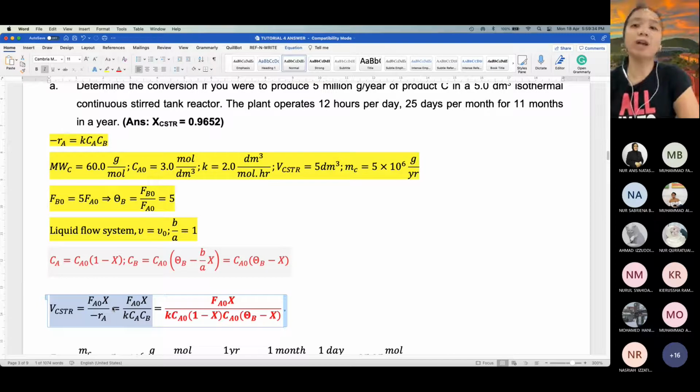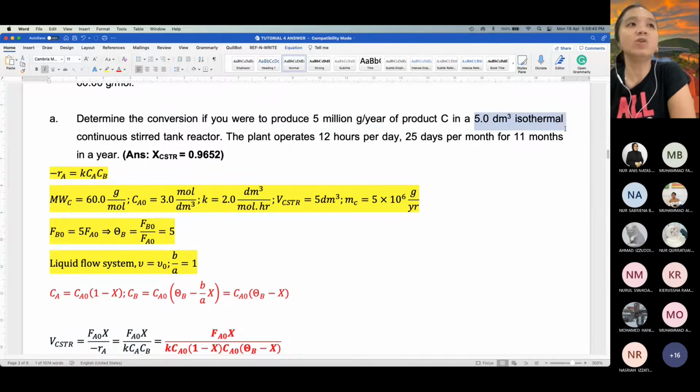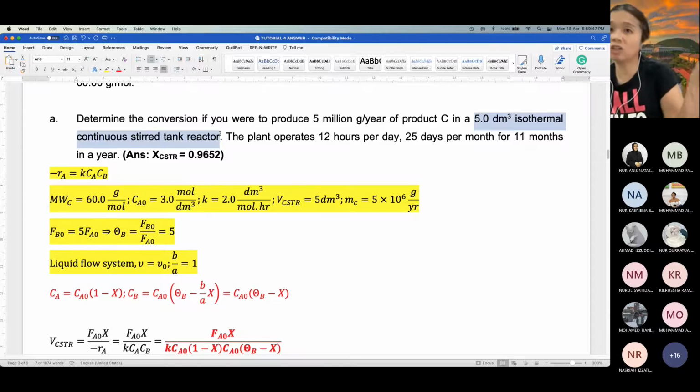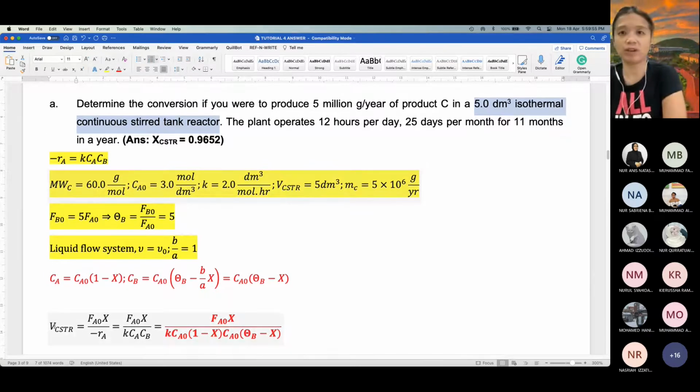Kenapa pula? Mungkin kamu terfikir pula, kenapa design equation? Sebab kalau kamu perasan, in the question, they do give us the volume of the CSTR. Design equation kita is actually to find volume. So kita tahu dia dah beri volume. Salah satu equation yang berkaitan dengan volume is actually the design equation.